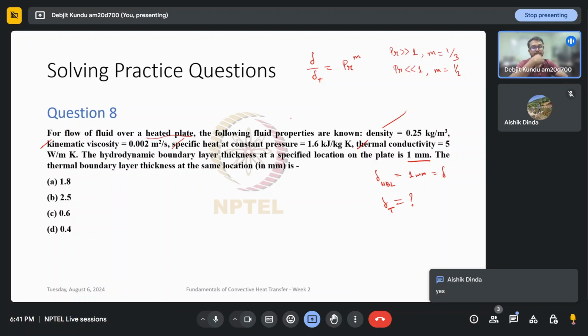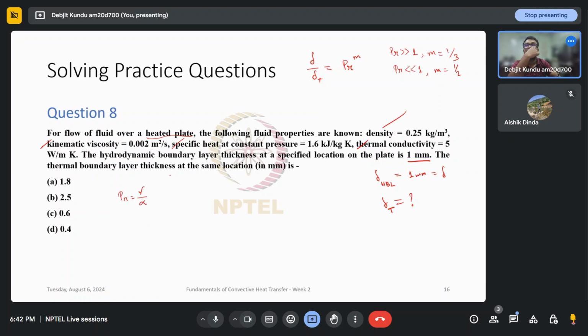Okay, so going by that logic, I'll have to first check the Prandtl number. The Prandtl number is given by nu over alpha. Nu is given over here, and alpha has to be found out. Alpha is k over rho Cp. Alpha isn't explicitly given, but all these three values are given. So k is 5, rho is 0.25, and Cp is 1.6 kilojoule per kg Kelvin, so 10 power 3.